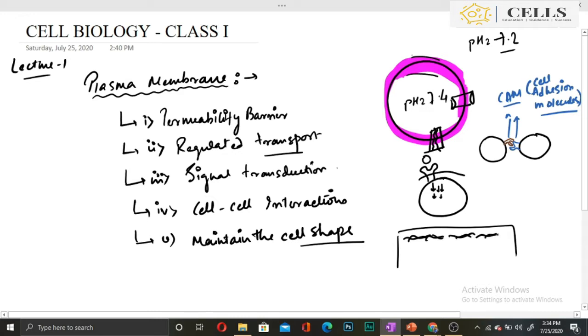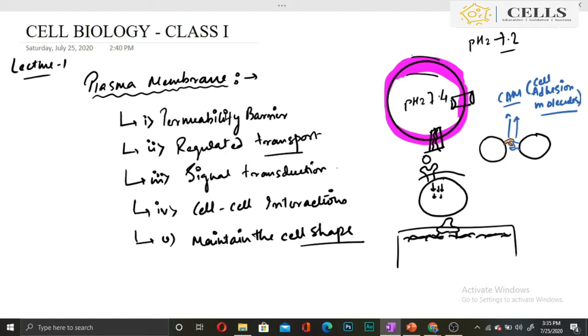These cytoskeletal elements are linked with the membrane by the help of certain proteins, and they maintain the overall shape of the cell. So different proteins linked with the plasma membrane interact with the cytoskeleton, and they help to maintain the shape of the cell.